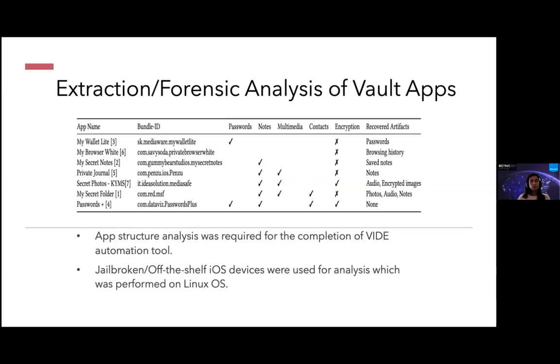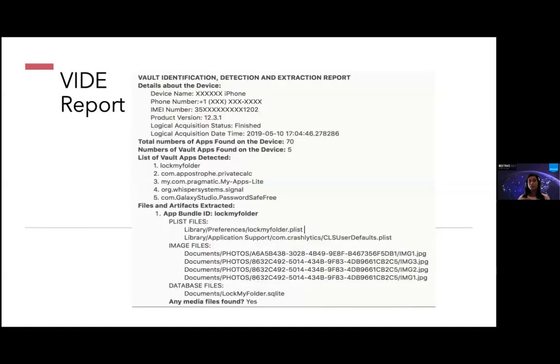So here is a summary of how all the captured or extracted data would be presented to the court. You can see that we will have all the chain of custody information, that is, to whom the device belonged, how you identify the device uniquely, when this evidence was fetched, how many applications were found in total on the device, how many of those are vault applications, the list of vault applications that were detected, and a list of all the artifacts along with the file path and what kind of media file.